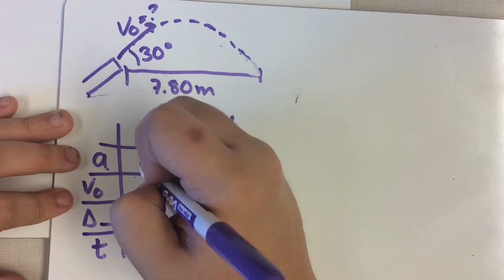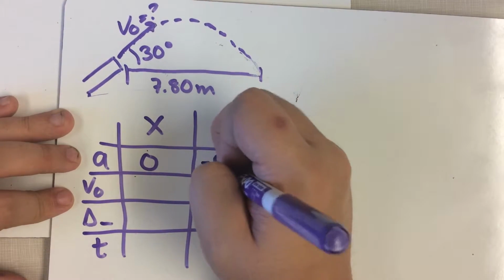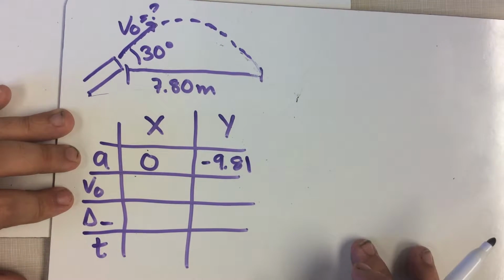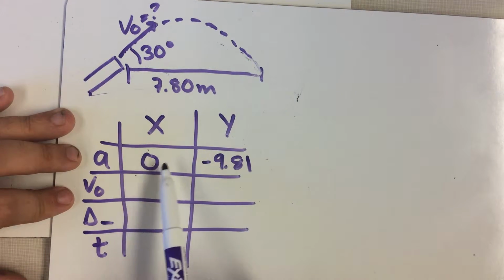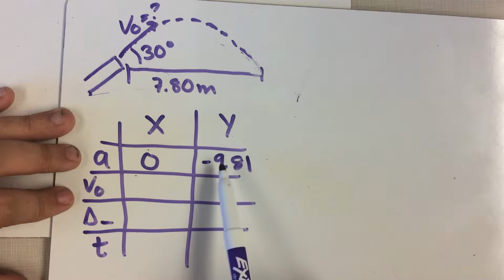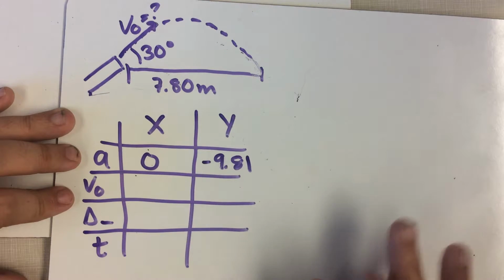In the x direction, it's always going to be 0 meters per second squared, and in the y direction, it's always going to be negative 9.81 meters per second squared. This is because there's nothing affecting the ball in the horizontal direction. It's just kind of moving on its own, and we have gravity acting on us in the y direction.